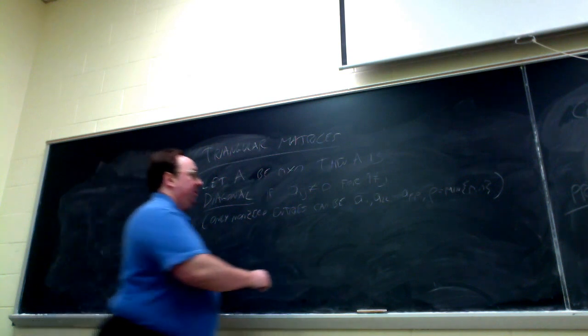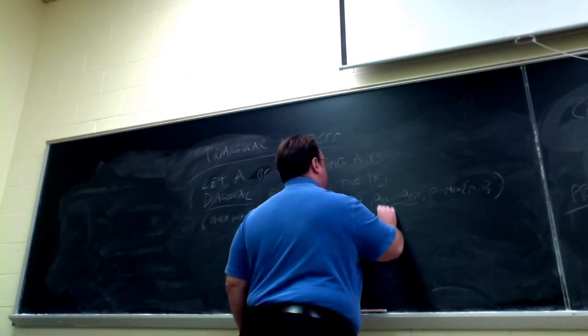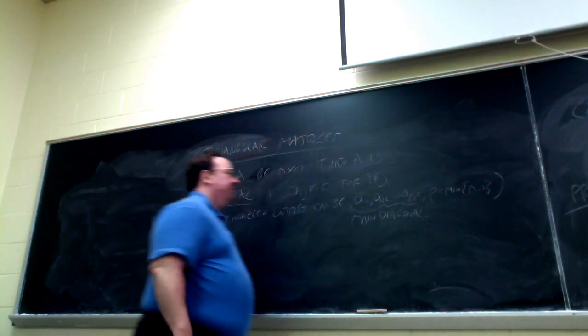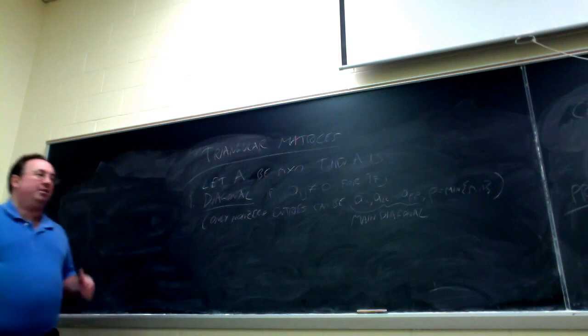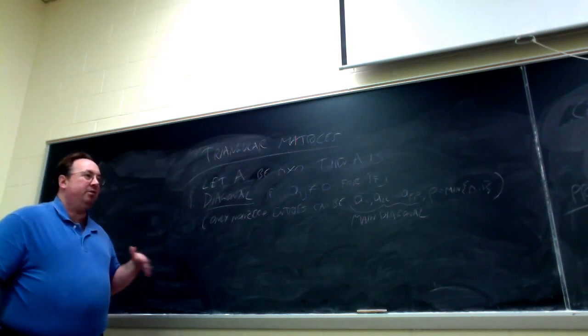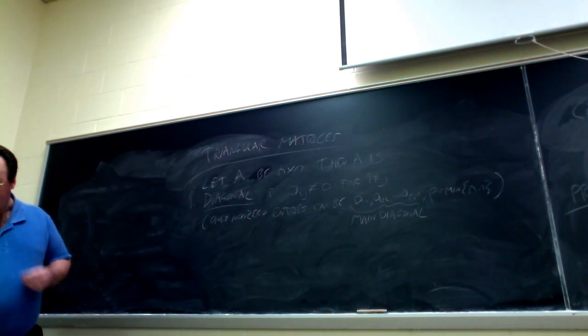And these entries make up what is called the main diagonal of the matrix. A matrix has several diagonals, so this is the one that's running down the middle, and then we also have diagonals above it and below it.